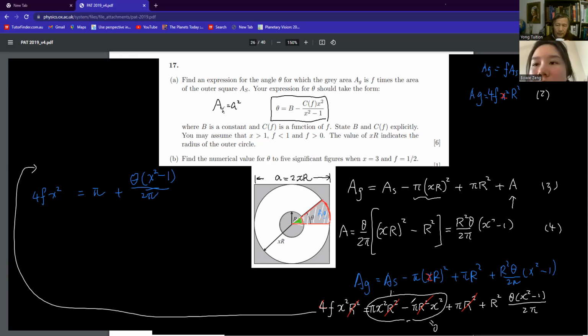What are we looking for? We're looking for theta. We just need to solve for theta. We need to find the formula for theta. Can we arrange theta x squared on the left-hand side? We just equal to pi minus 4f. Yeah, you can try.